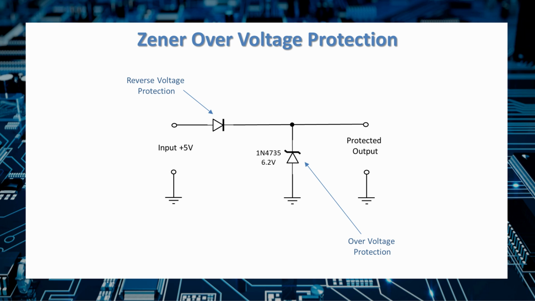Remember there's going to be a 0.7 volt drop across the forward biased diode and then 6.2 across the Zener diode. If it goes above 6.9 volts, then that Zener diode will limit the voltage reaching the protected input to 6.2 volts.